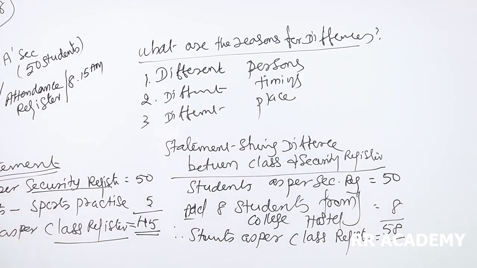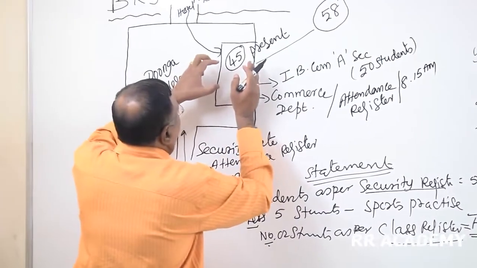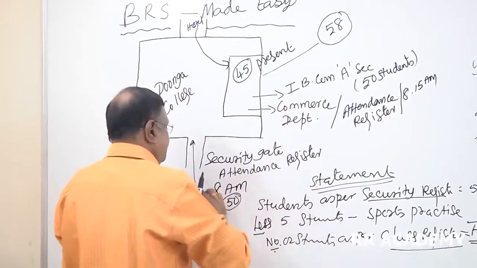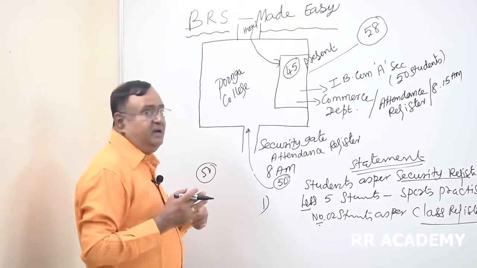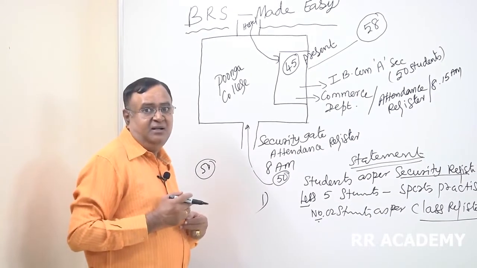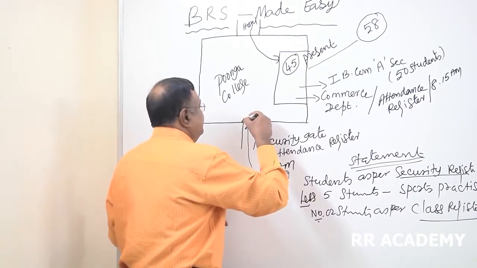Definitely, friends, suppose at the same time, 8 o'clock, students entered and straight away they go there, here 50, that's all. Suppose, for example, in a circus they used to show a cage.